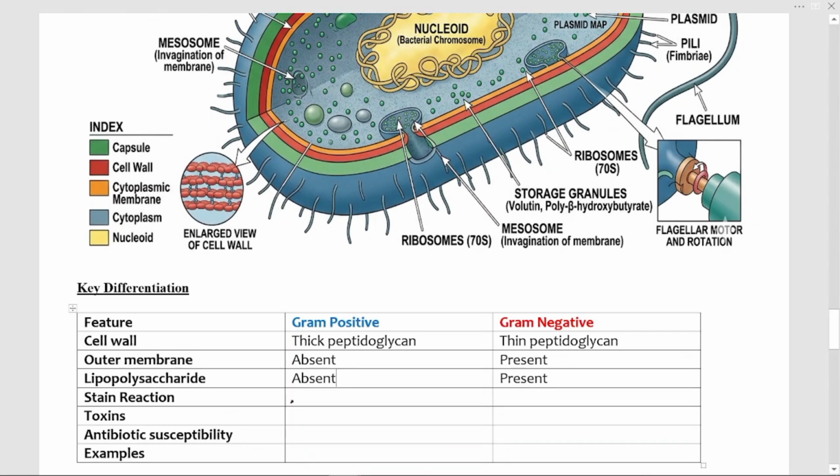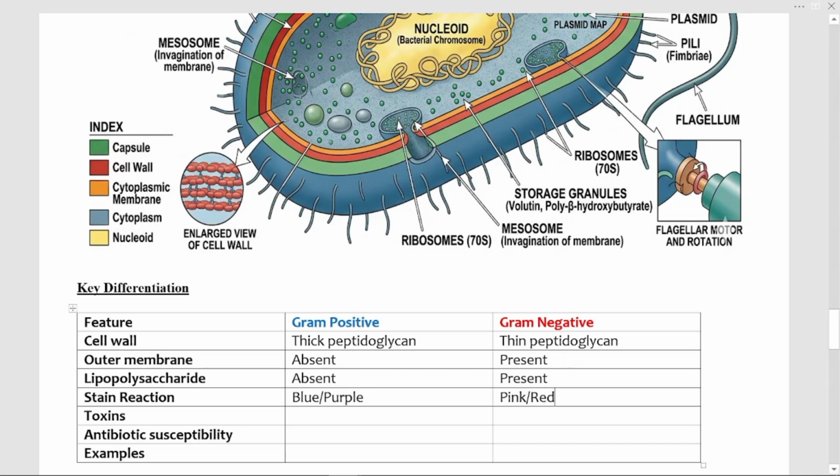Now, if you go to the stain reaction, if you do a gram stain, the gram-positive tends to appear blue, or some will say purple. That is the color you get when you do a gram stain. On the other hand, the gram-negative bacteria will always appear pink or red.